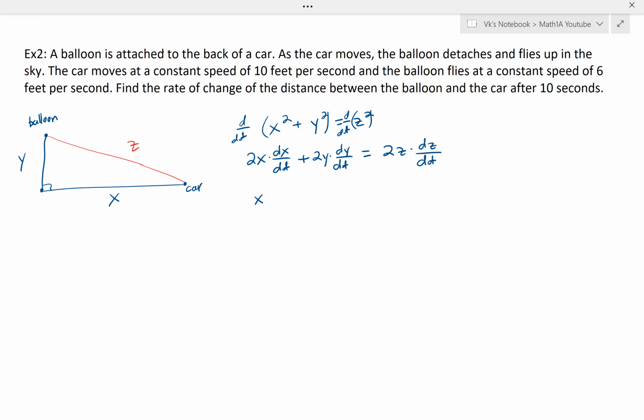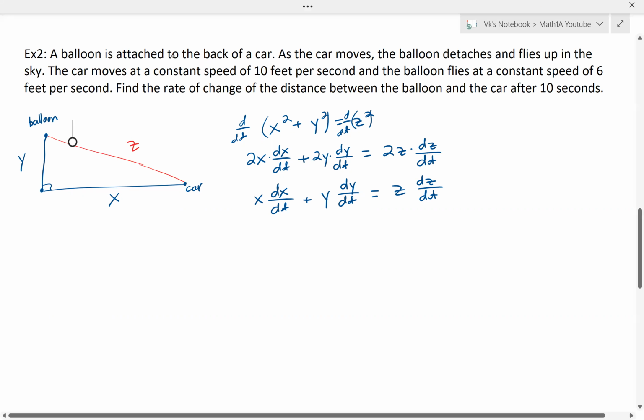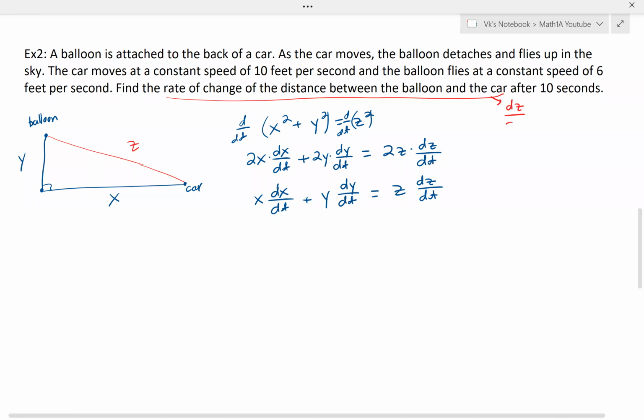Simplify this to be x dx over dt plus y dy over dt equals z dz over dt. According to the question, it asked us to find the rate of change of the distance between the balloon and the car. So that is, we find dz over dt after 10 seconds.